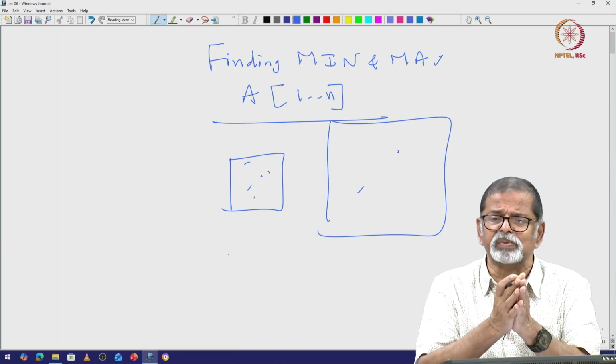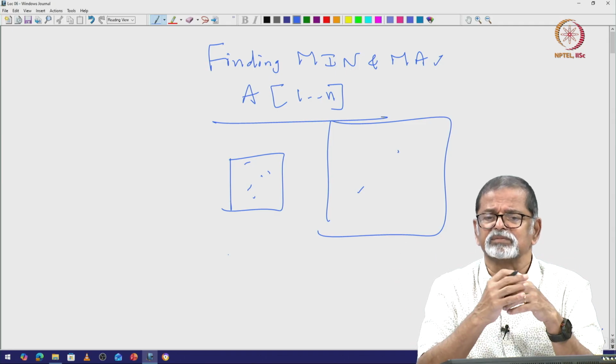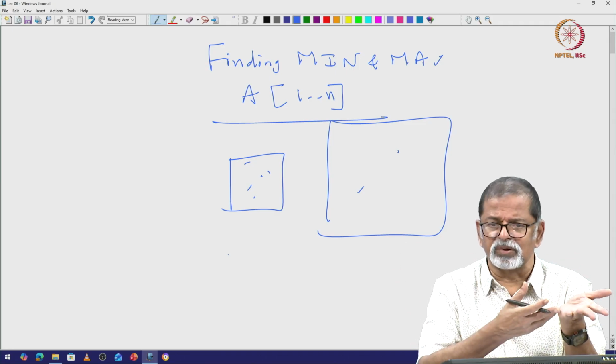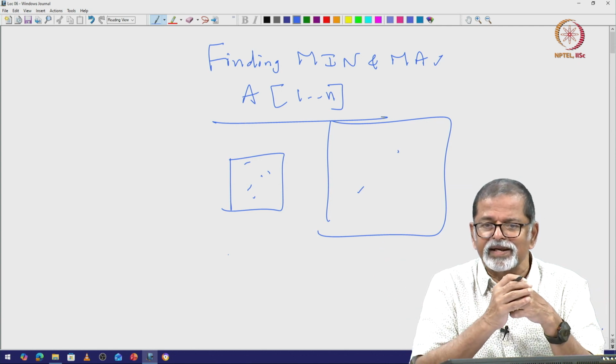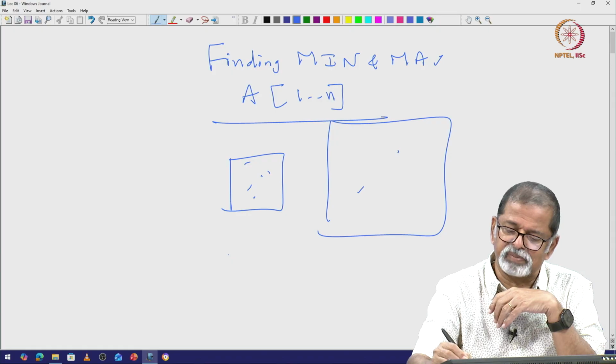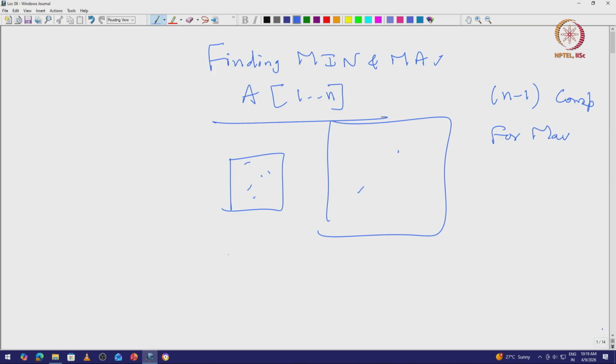And you have a very simple and naive algorithm, a 2-pass algorithm. You are given an array and you want to find the maximum, a very simple maximum finding in an array with n minus 1 comparisons for the maximum, and again n minus 1 comparisons for the minimum.